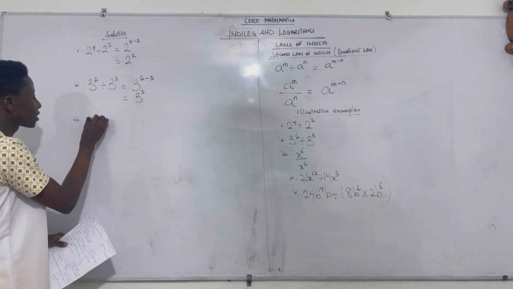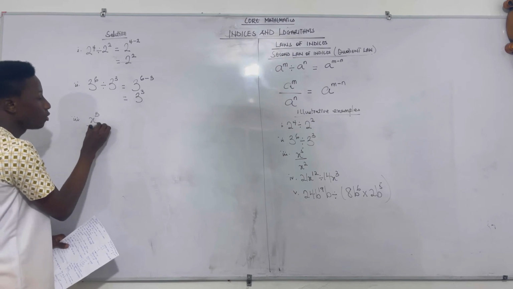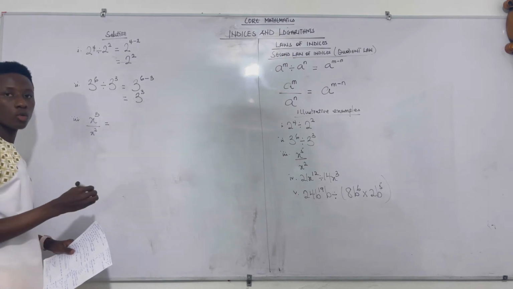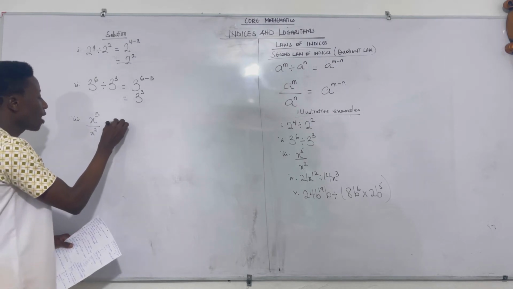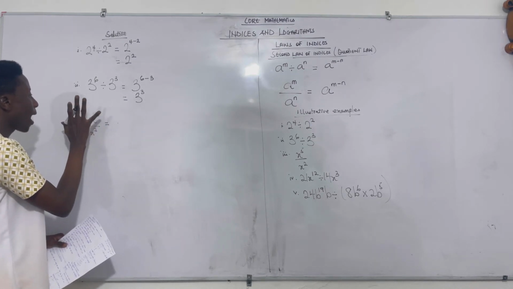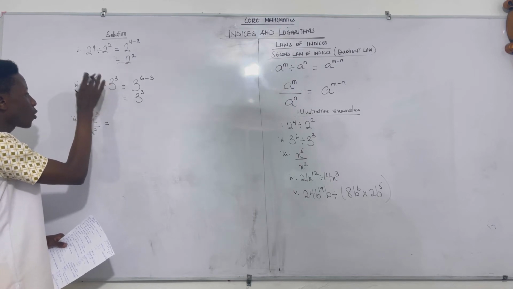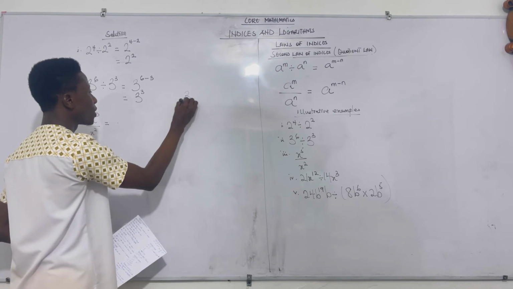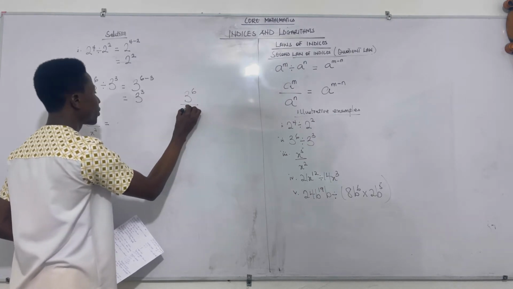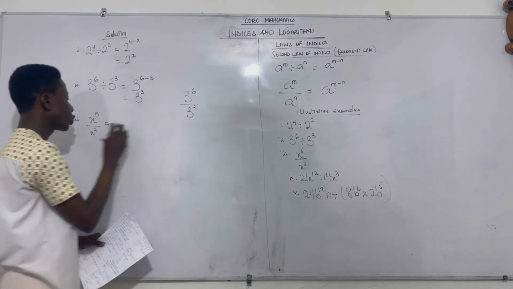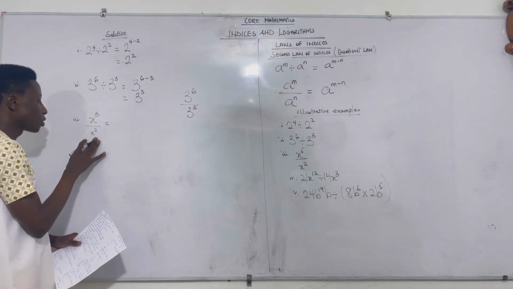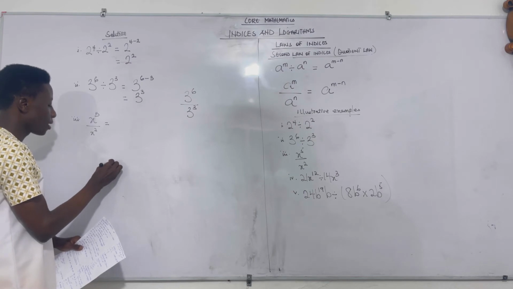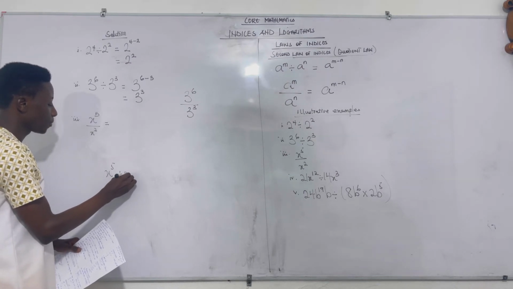So we have x exponent 5 all over x exponent 2. So what's the result? I told you this can be rewritten as 3 exponent 6 over 3 exponent 3, so you shouldn't be surprised. Something like this, you should take note that it can be rewritten this way.